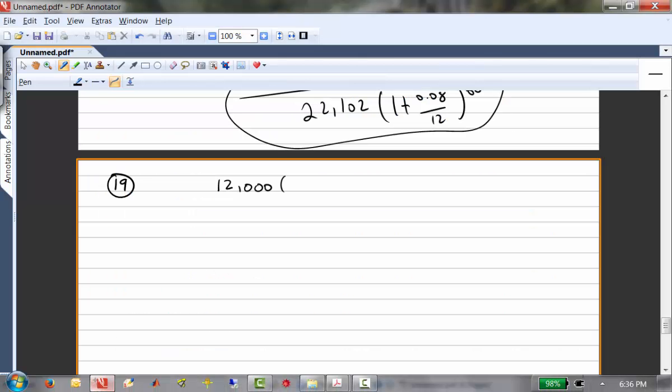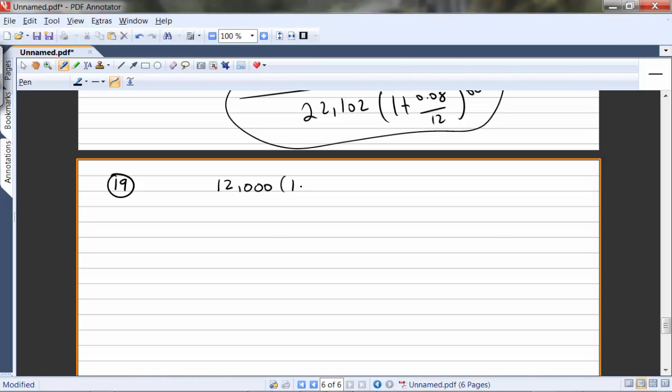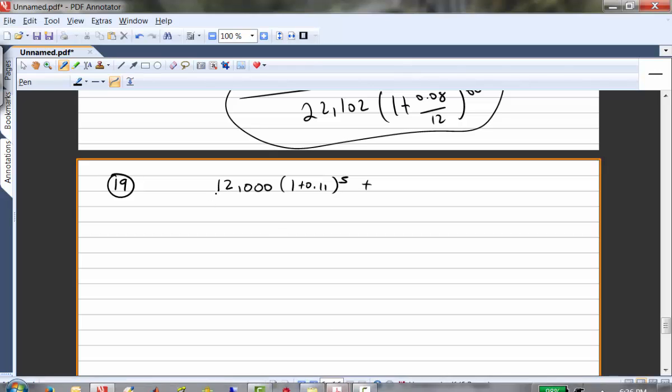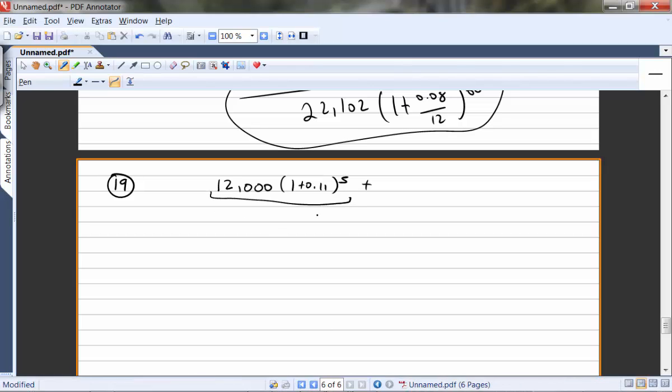If we get 12,000 at the end of the first year, then we can put it in an account and get 11%, but we can only get it for 5 years, right? Because there's a 6-year horizon and we got it at the end of the first year. So at the end of 6 years, that would be worth this.